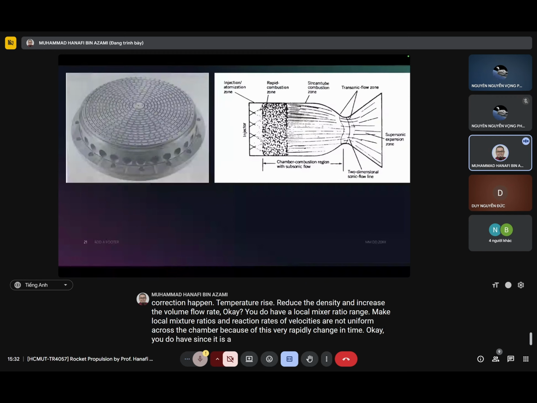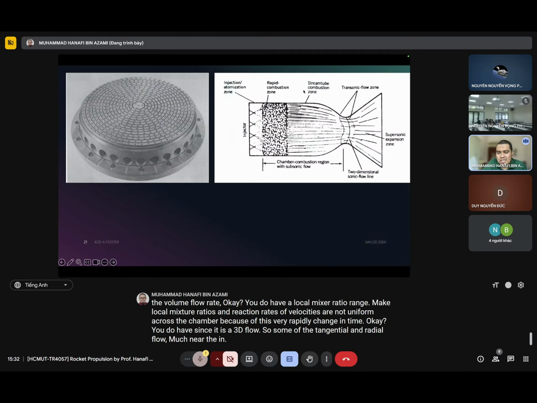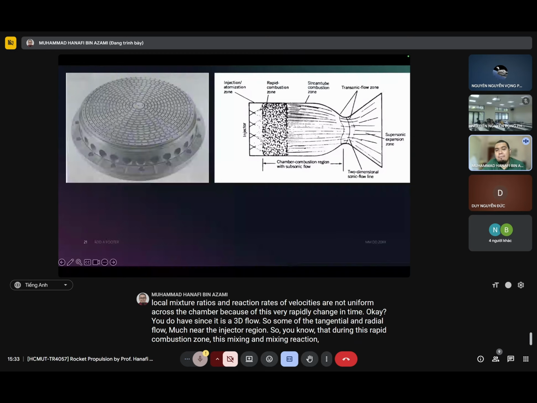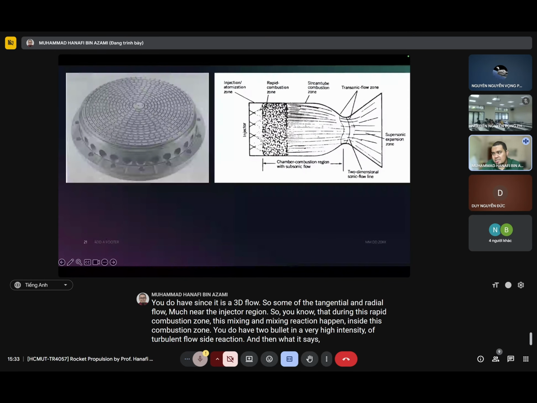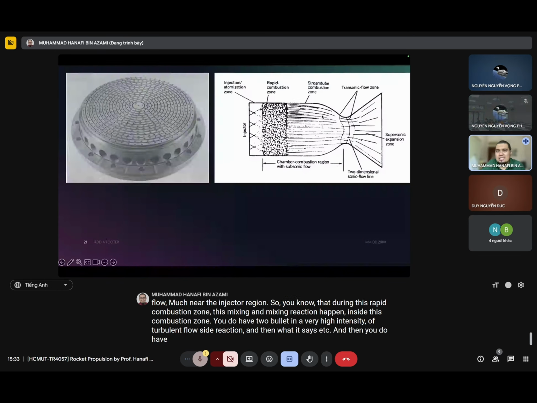Since it is a 3D flow, some of the tangential and radial flow is much higher near the injector region. So during the rapid combustion zone, this mixing and reaction happens inside this combustion zone. You do have turbulent flow of very high intensity, and vortices, etc. And then you have the stream tube combustion zone.